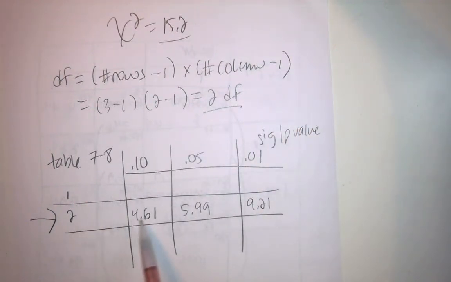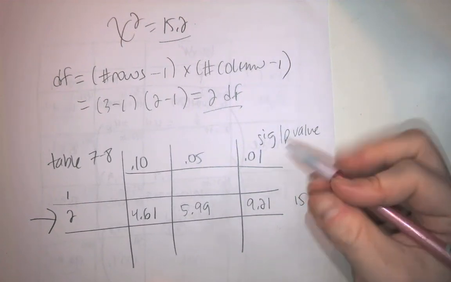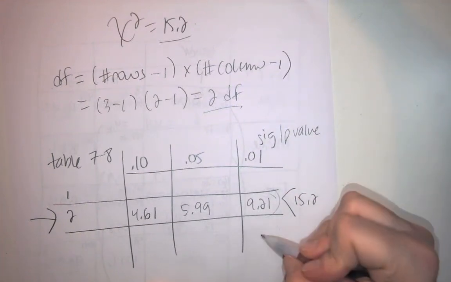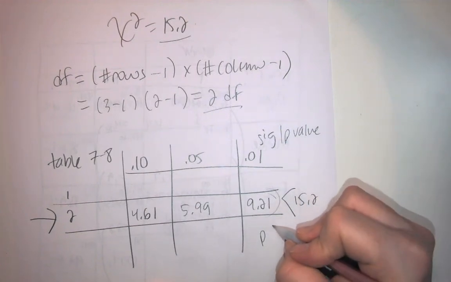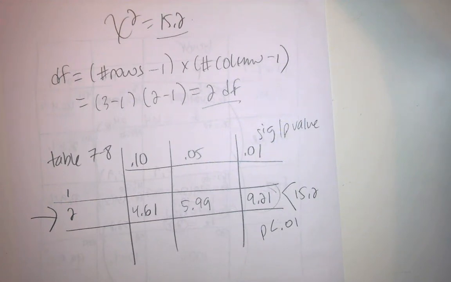My chi-square value is way over here, and it's much greater than this threshold. So my p-value, in this case, the table in your book only goes up to 0.01, so my p is less than 0.01, and this means that we can support our research hypothesis, and that there is a gender difference in diplomacy, and we can confidently reject our null hypothesis.